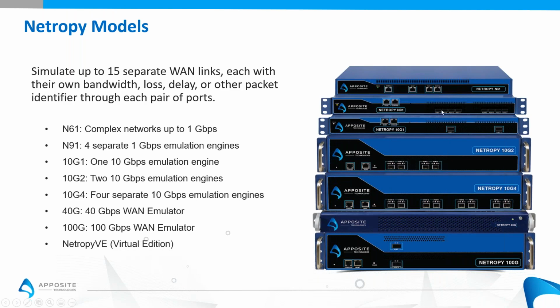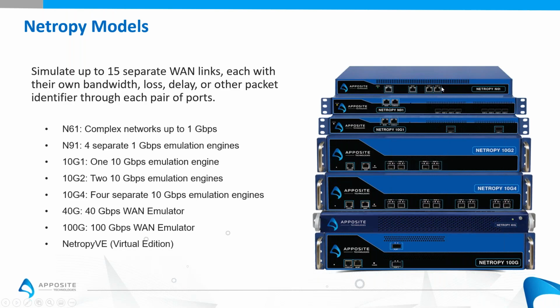The N91 has up to 8 data ports, which means you have 4 emulators in one chassis. For every 2 paired ports, there's one emulator. So you can think of port 1 as an ingress and port 2 as an egress, or vice versa.